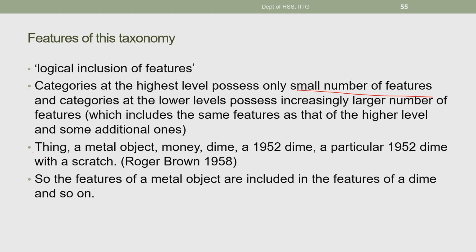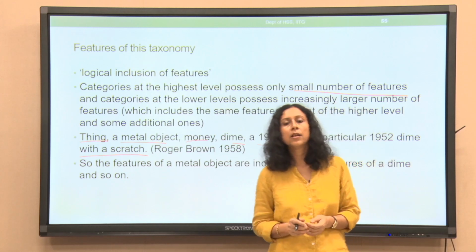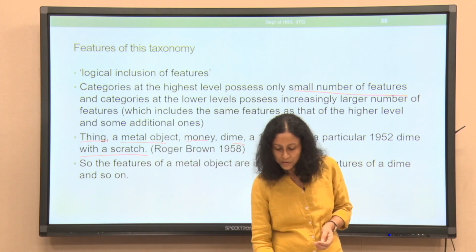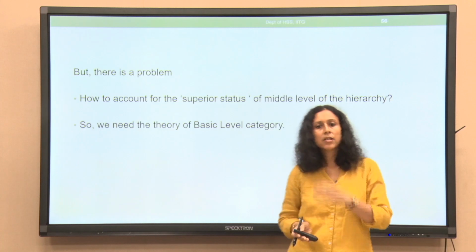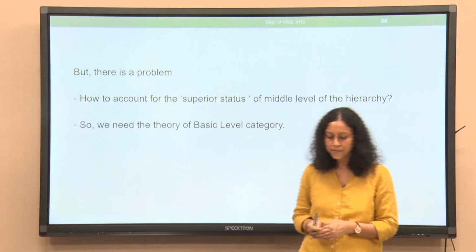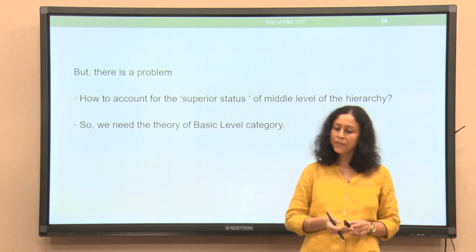This could be one particular hierarchy: a thing in my pocket, then a metal object, then money, a dime, a 1952 dime, and then a particular dime with a scratch. Even with a simple thing like a coin, you can have this kind of inclusion of features that can go on and on. There is a hierarchy, there is a taxonomy, and there is a logical inclusion of features as you go down in the hierarchy.